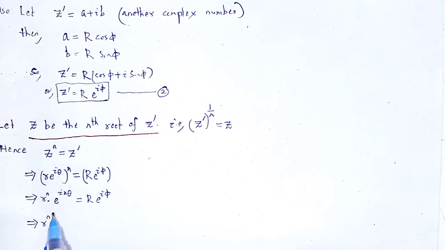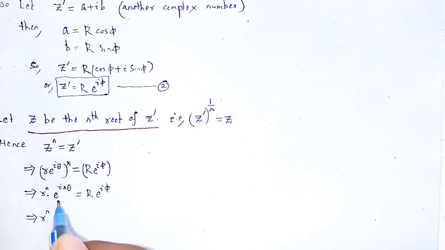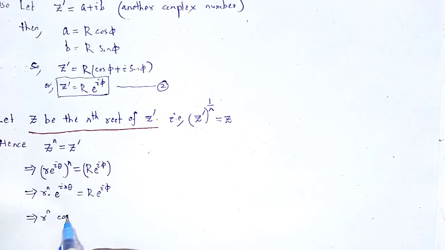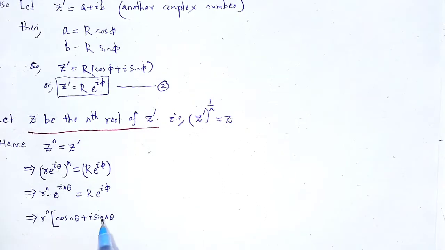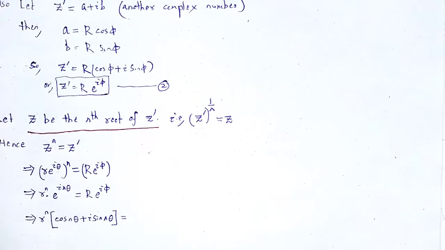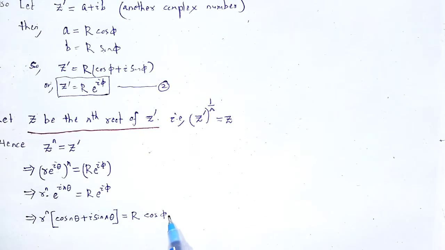So e to the power i n theta can be written in terms of cos and sin. We write by using Euler's formula cos n theta plus i sin n theta is equal to capital R, again e to the power i phi is written as cos phi plus i sin phi.